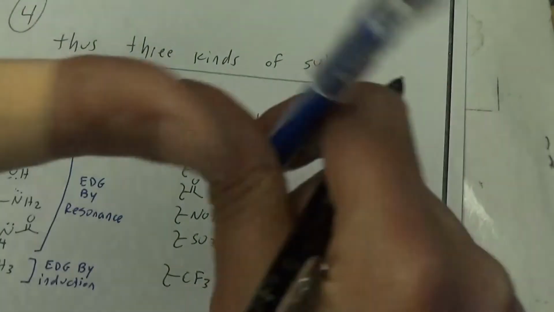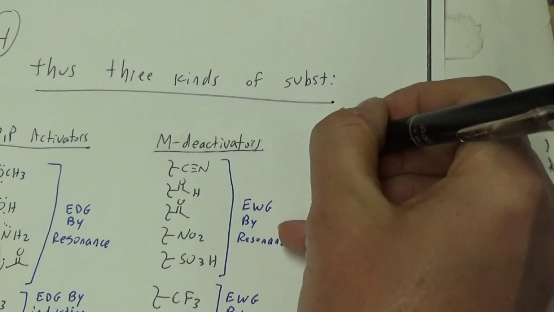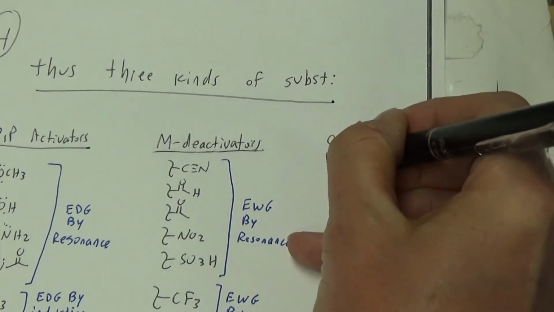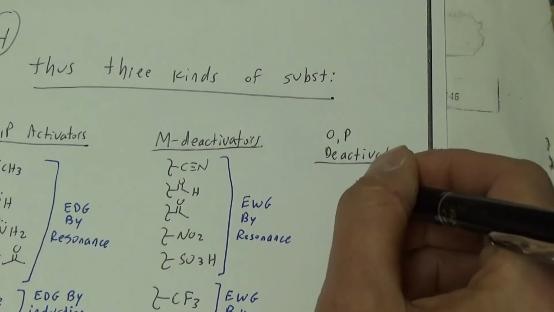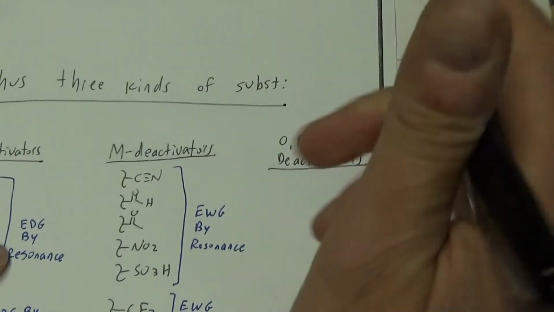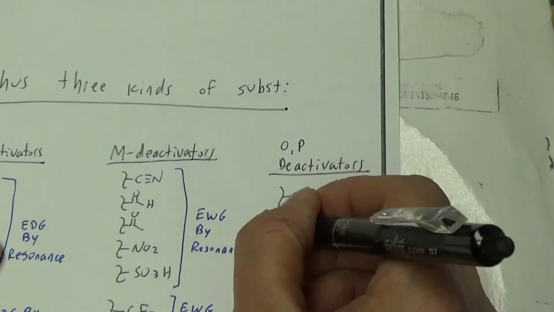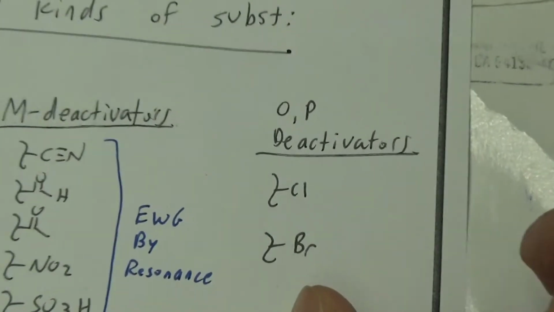Okay, so then we have the third class that I was alluding to since the beginning of the chapter a little bit, which is ortho-para deactivators. And these are our halogens. The ones we really focus on are chlorine and bromine. I think iodine and fluorine do this too, but we don't see them as much.